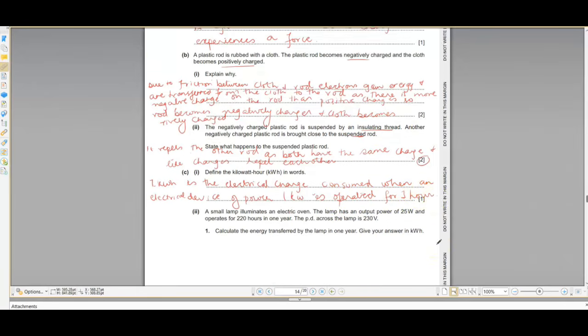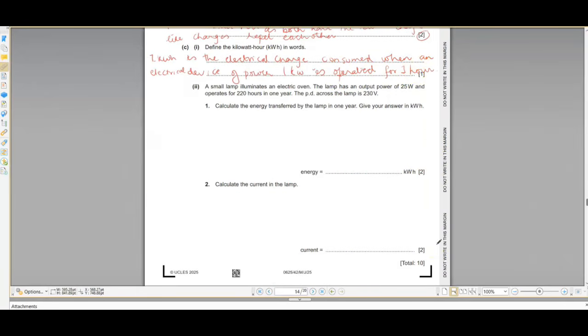Moving on, a small lamp illuminates an electric oven. The lamp has an output power of 25 watts and operates for 220 hours in 1 year. The PD across the lamp is 230 volts. Calculate the energy transferred by the lamp in 1 year. Give your answer in kilowatt hour. So energy is equal to power into time. Power is 25 watts and time is 220 hours.